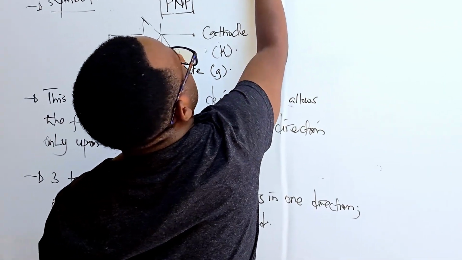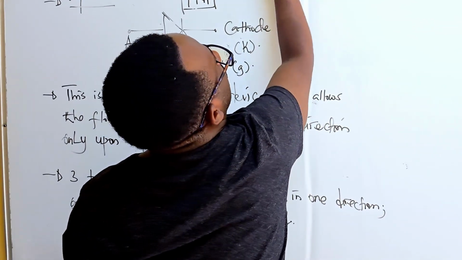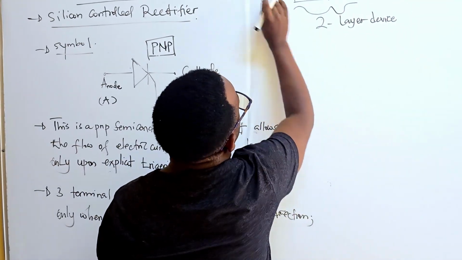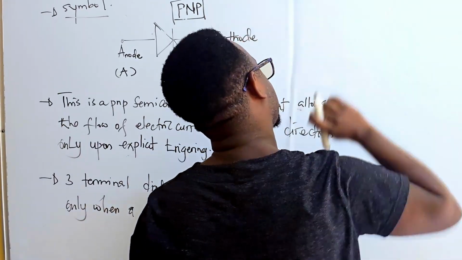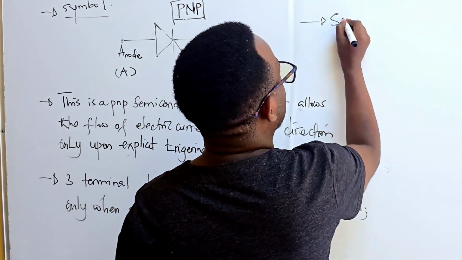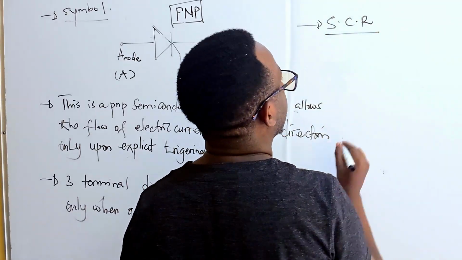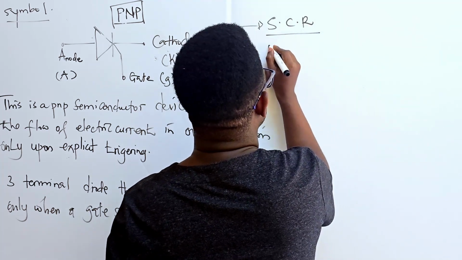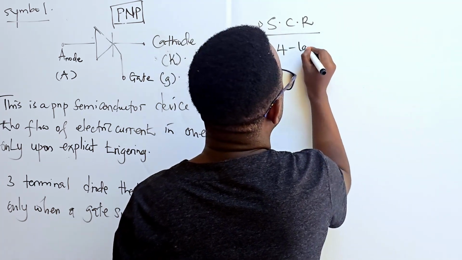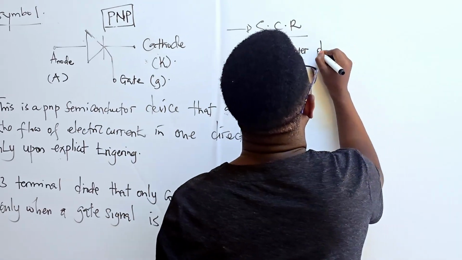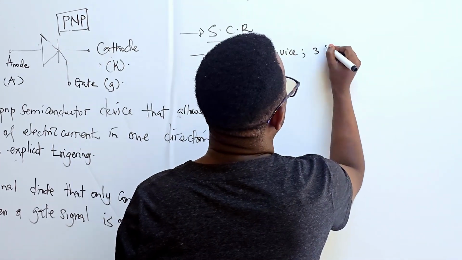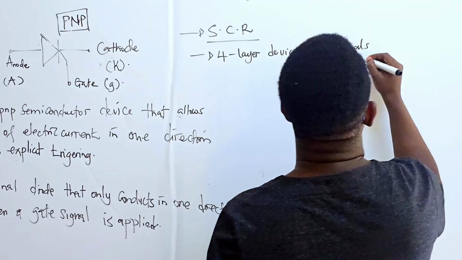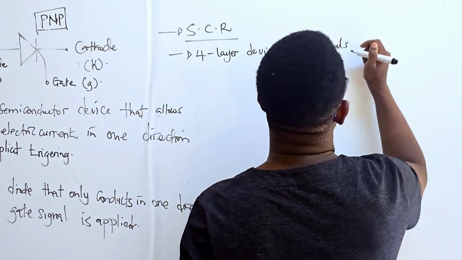An ordinary diode has two regions, the P and the N. But for an SCR, this is a four-layer device with three terminals, with one control terminal and two power terminals.